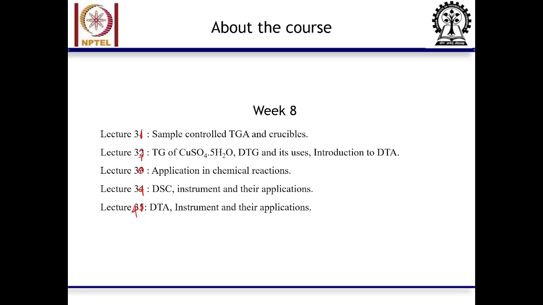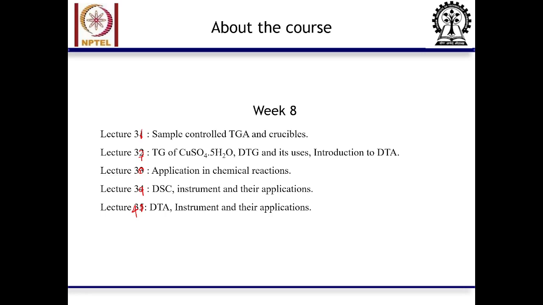What are the advantages of the alumina crucible? What are the disadvantages that lead us to the sapphire crucible? And what is the disadvantage of the sapphire crucible that leads to a platinum crucible? And what are the drawbacks of the platinum crucible? In this lecture we have seen these things. Another thing we saw is interpreting the TGA curve. What are the different types of TGA curve we are seeing?